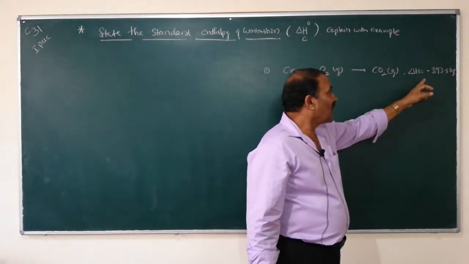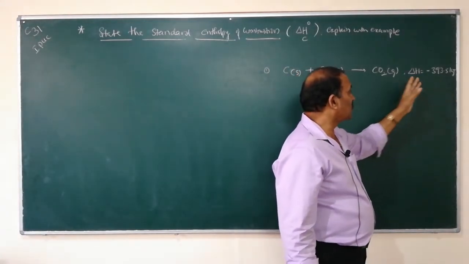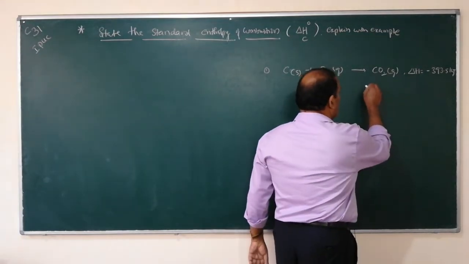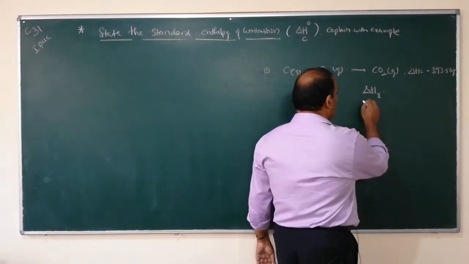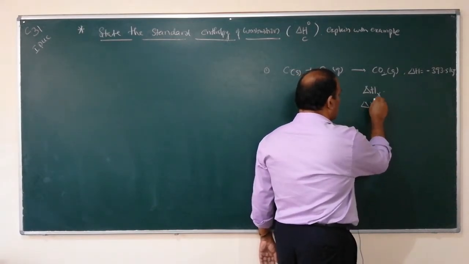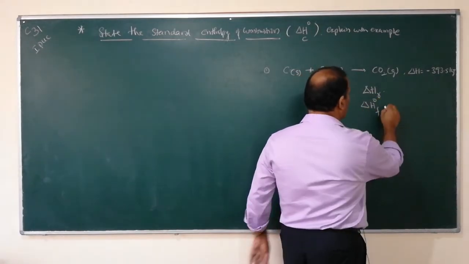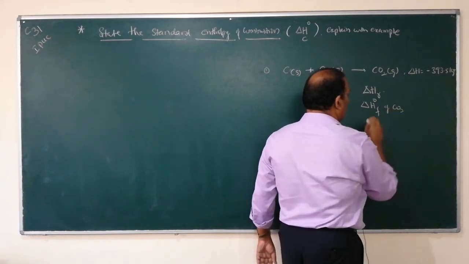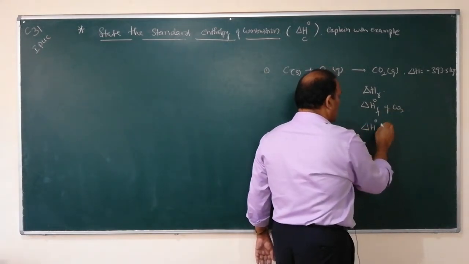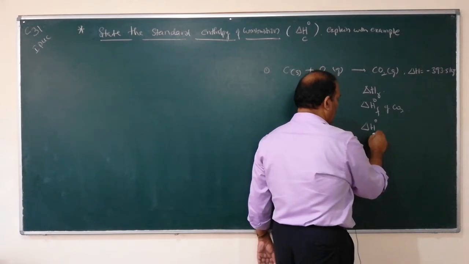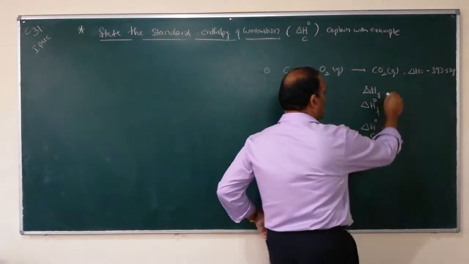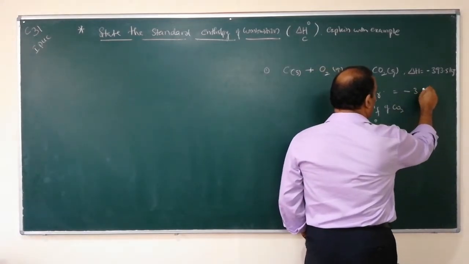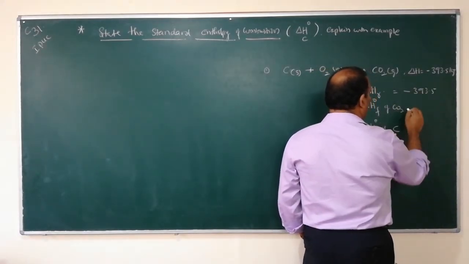So, minus 393.5 kilojoules, what can it be here? It is equal to delta H R, enthalpy of reaction. It is also equal to delta H F naught, enthalpy of formation of CO2. It is also equal to delta H C naught, enthalpy of combustion of carbon. Enthalpy of reaction is equal to minus 393.5.